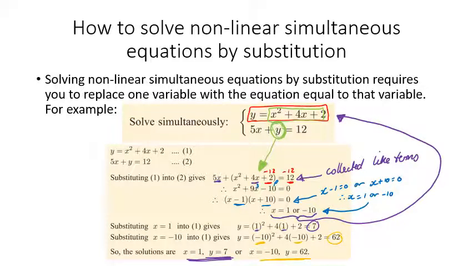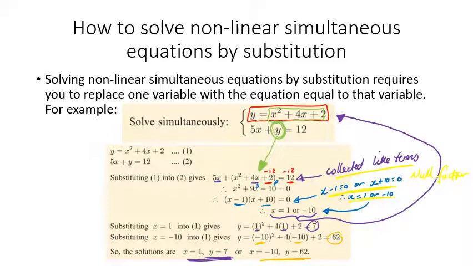So remember that we replace a variable with the equal equation of that variable if we can. We then collect like terms, which is what we did here. We then solved it using product and sum, and then used the null factor to figure out our solutions of x equals 1 and x equals negative 10.